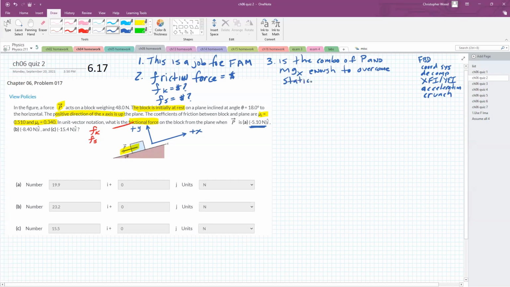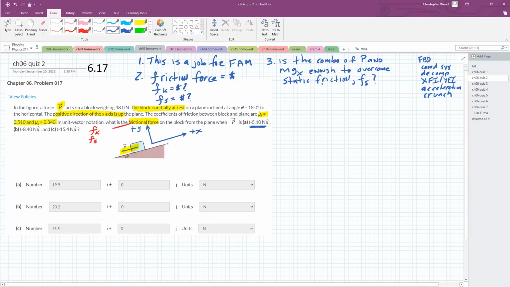And static friction is written as F underscore S. So I need to do sort of a situational test here.